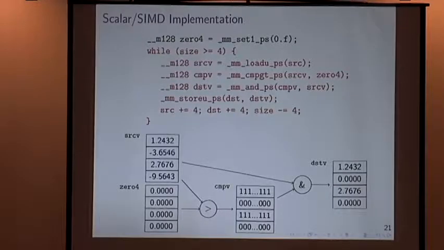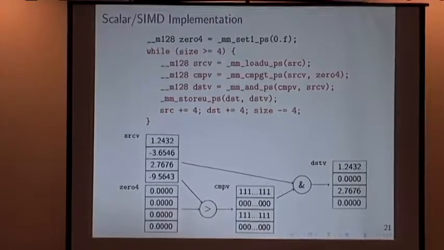The way it works is you have the greater than comparison, which compares each element of source v pairwise with the elements of zero v, which just contains zeros. And what we get back in comp v is a bit mask, and that bit mask consists of all ones if the comparison resulted in true, and all zeros if it resulted in false.